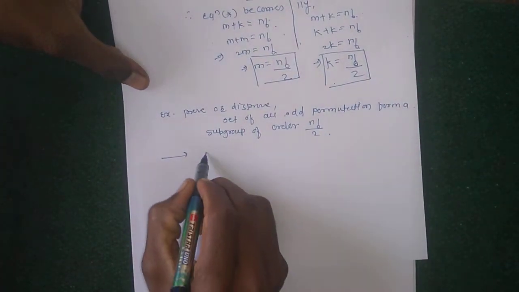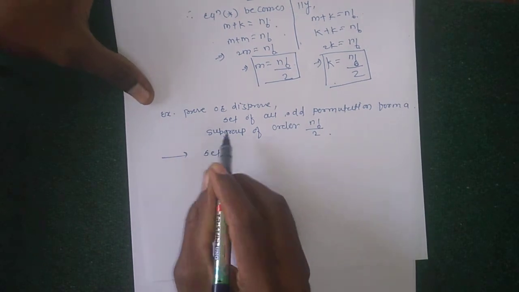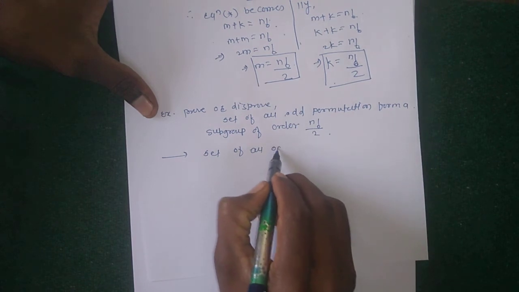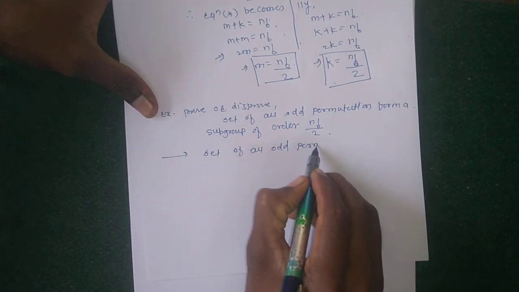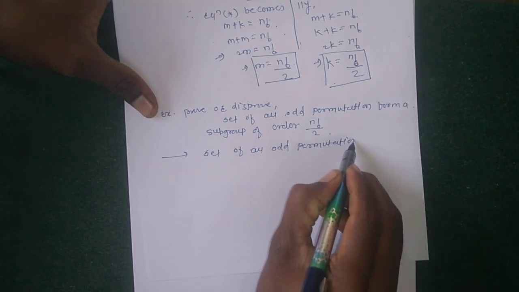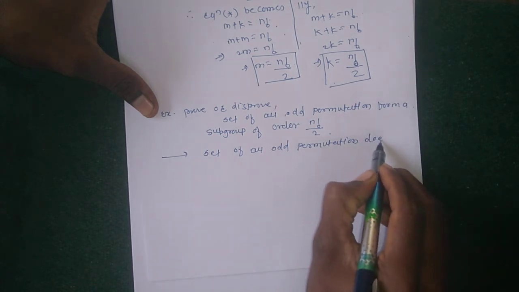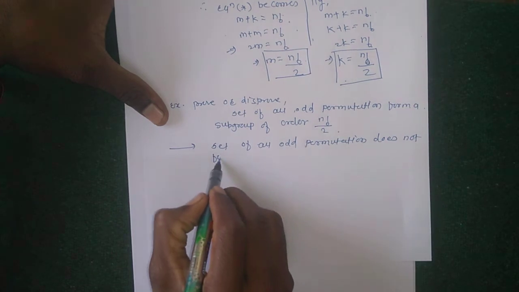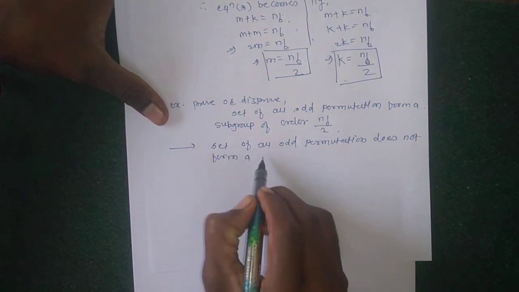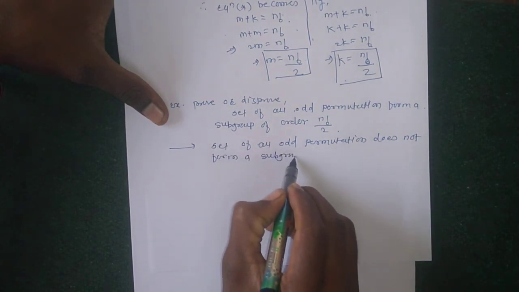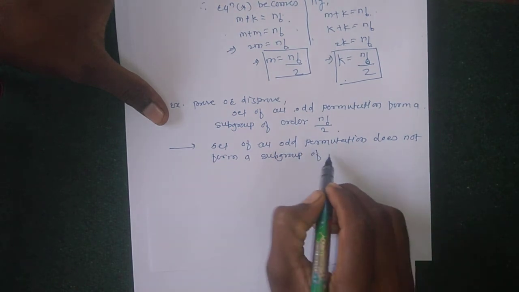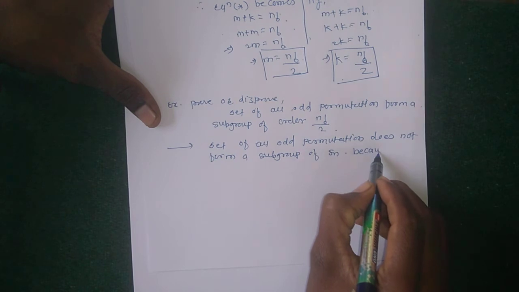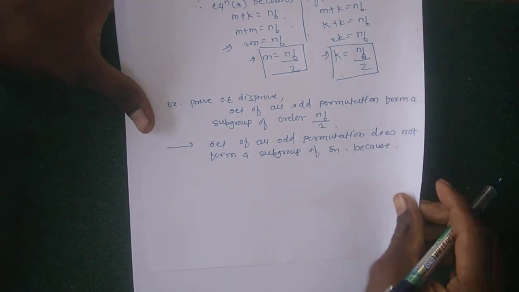Here the answer is that the set of all odd permutations does not form a subgroup of SN, because it does not contain the identity permutation.